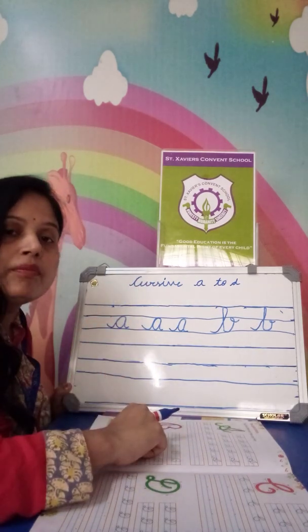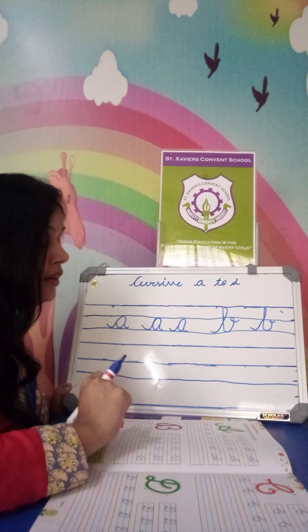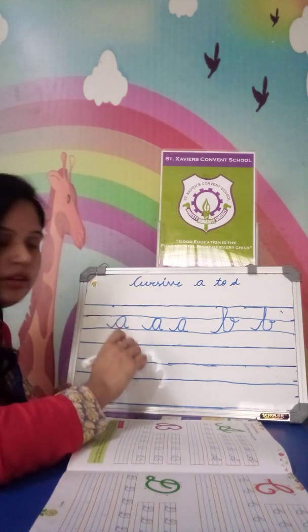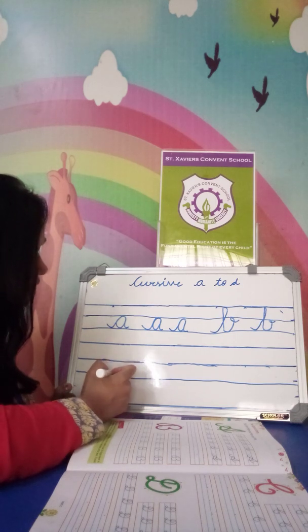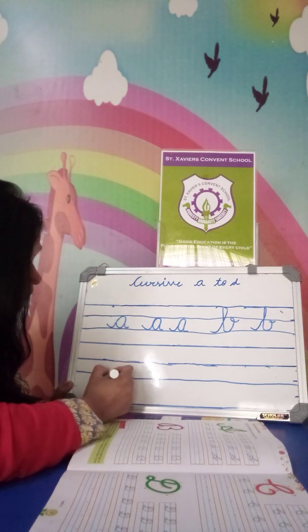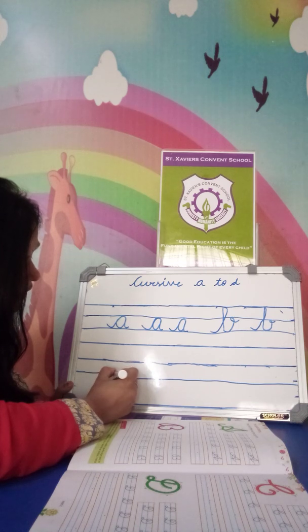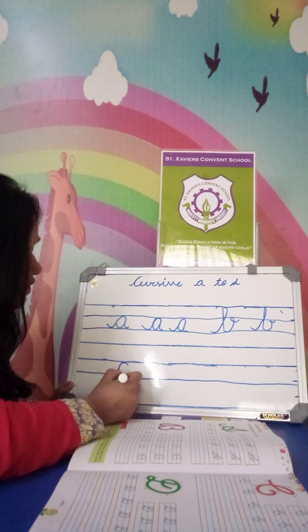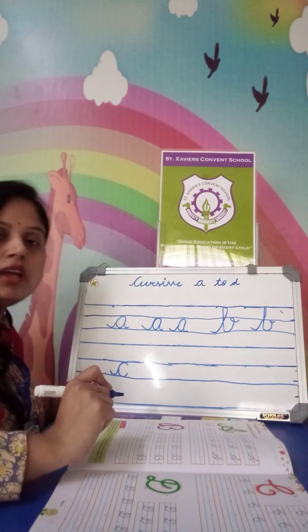Small c. Write it in two lines. First line, skyline, we have to leave it. Second, plain line with green line. Now small c, half circle, like a curve, and like this. Okay.